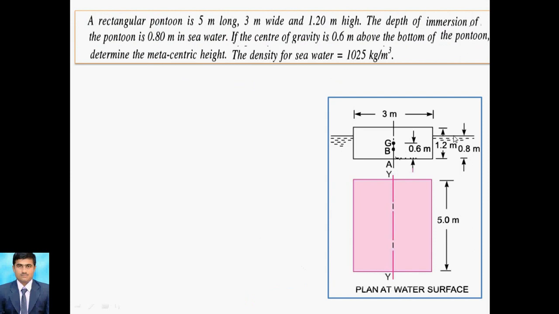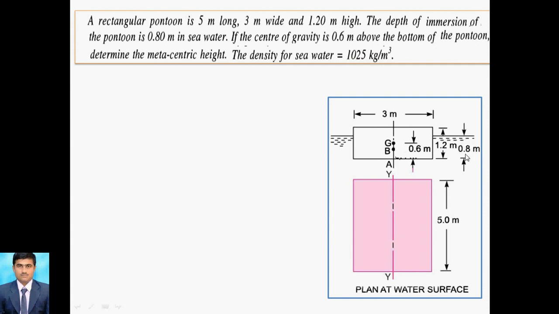There is a rectangular pontoon, with a length of 5 meter, a width of 3 meter, and a height of 1.2 meter, and the depth of immersion is 0.8. Depth of immersion means this h, as already discussed.